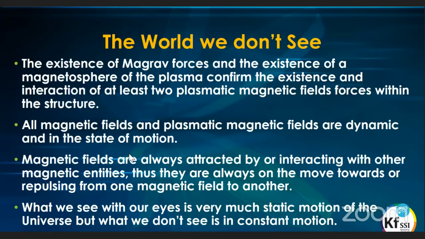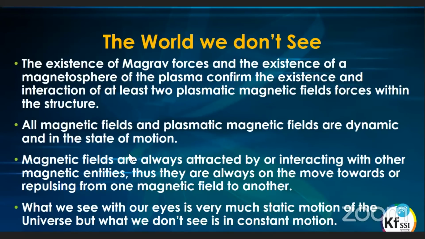So what we see with our eyes around us is very much static motion of the universe, but what we don't see is in constant motion. In other words, what we see as the plants and animals around us, we would consider that static motion.